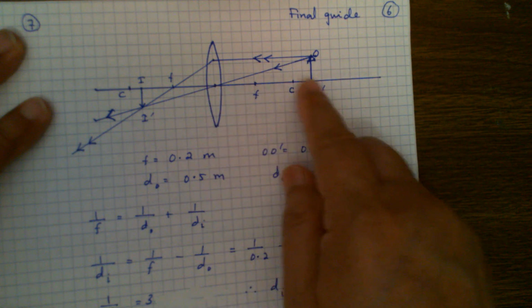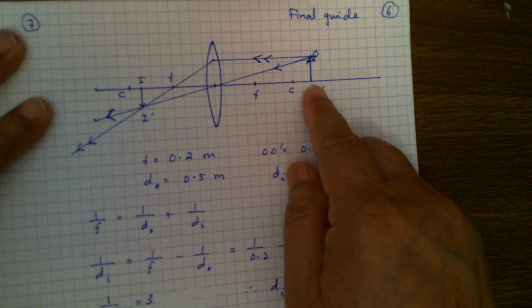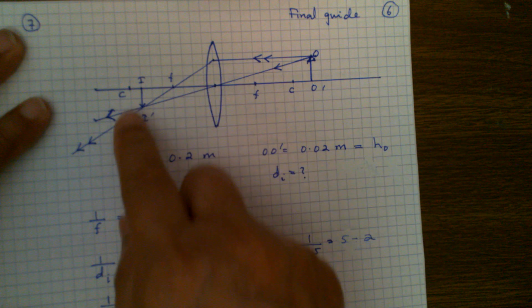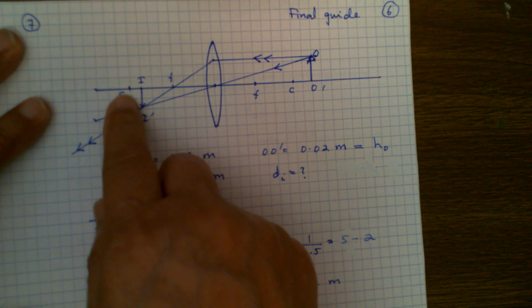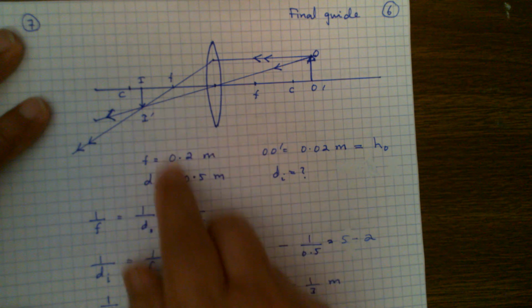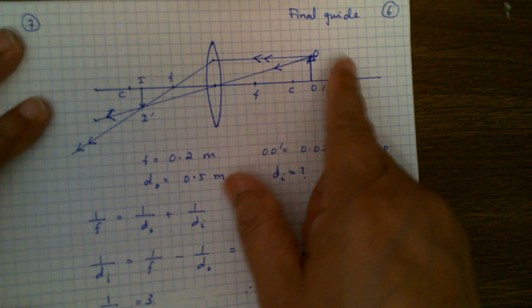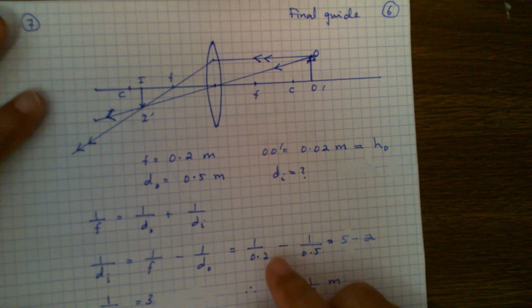So from here to here is 0.5. From the ray tracing diagram, you will see that the image will be formed between the C and F, right? Because your image is beyond C. I drew ray diagrams for every possible situation in the lecture video, so you should review that.